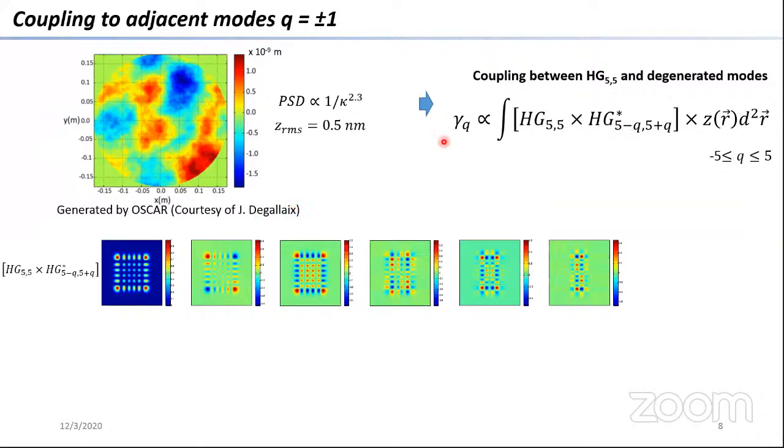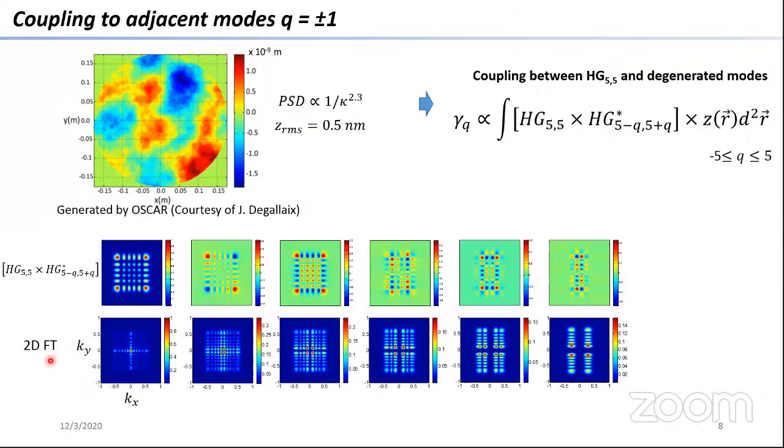Now if you look into this product of modes, it evolves as follows. When we increase Q, the area in which the overlap of the two is non-zero becomes more and more restricted.